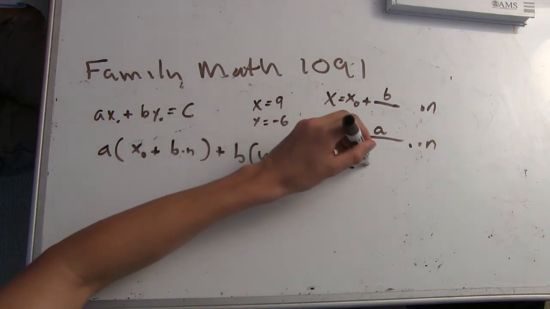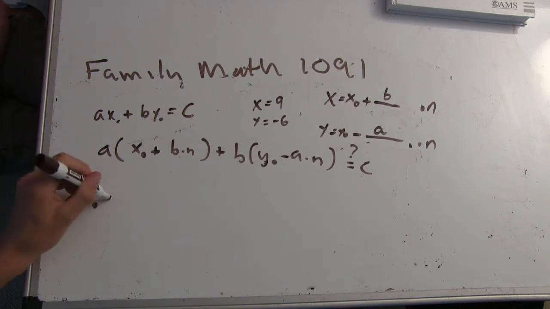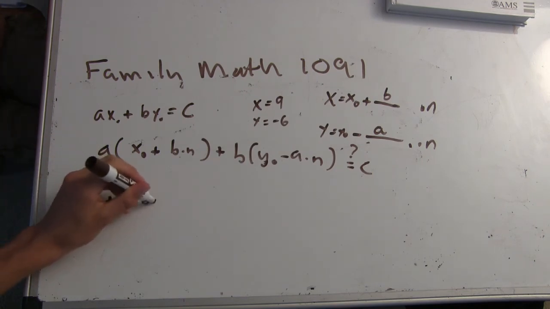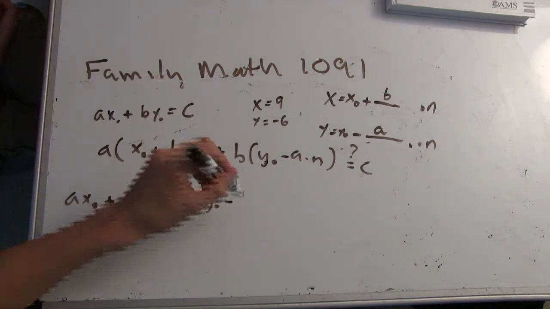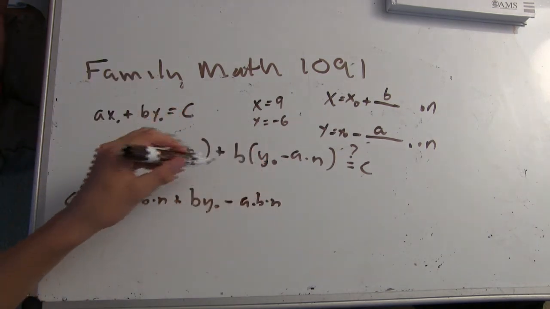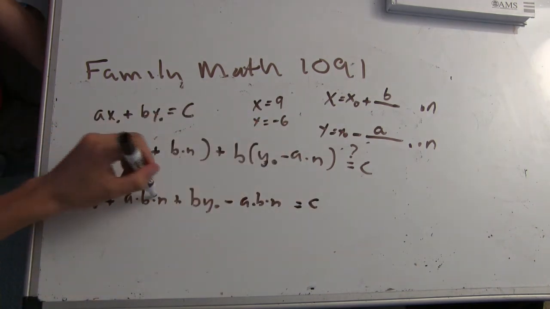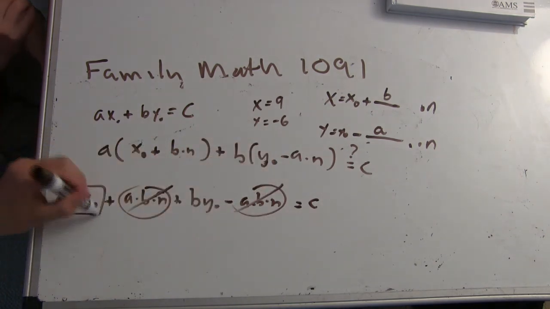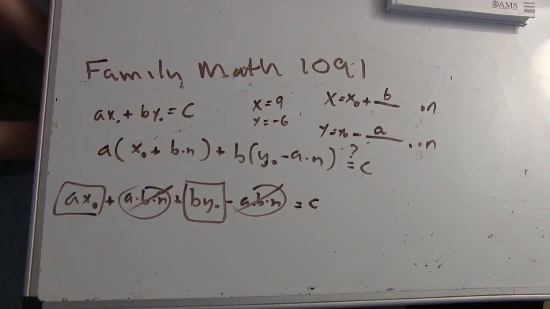I want to know, does this equal c? We have a x naught plus a times b times n plus b y naught minus a times b times n, or b times a times n, but it's the same thing, equals c. This and this are going to just subtract out, and then you're left with this plus this, which we know from up here equals c. Yeah, cool.